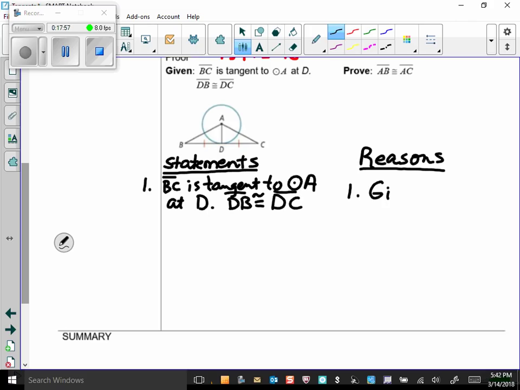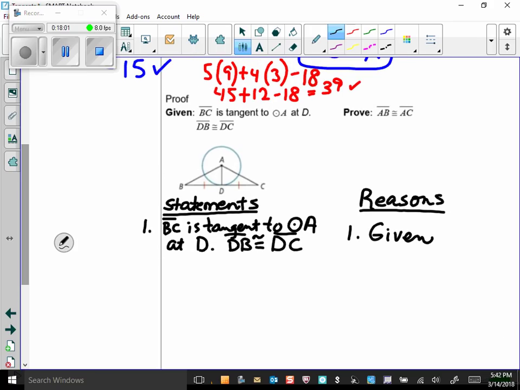All that is given. So let's look at the picture and what we're trying to prove here. BC, so here's BC right down here. It's tangent to the circle at point D, and DB is congruent to DC, and I'm trying to prove that AB is congruent to AC.